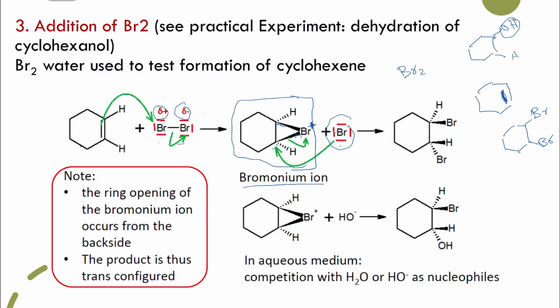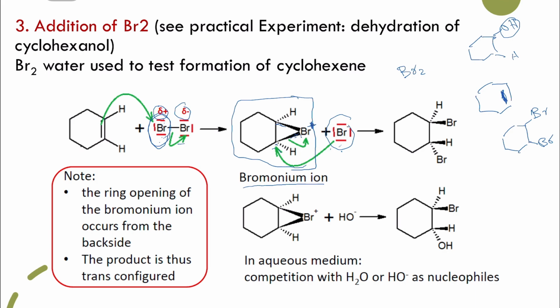Now the other bromide will attack one of these two carbons. According to Markovnikov's rule as well, the second bromide will attack the carbon which is more substituted. So remember that the first bromine that is added to the double bond here is the electrophile. It's like the hydrogen, so it will add itself to the carbon that has less substitution or has more hydrogens.